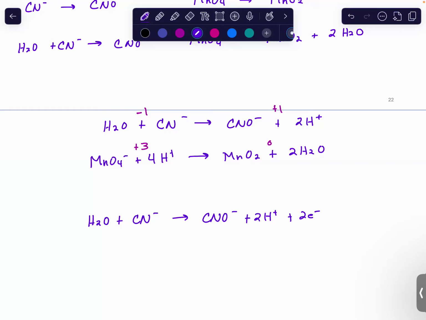What about the permanganate half reaction? Yep, 3 on the left, because I want to take that +3 down to 0.